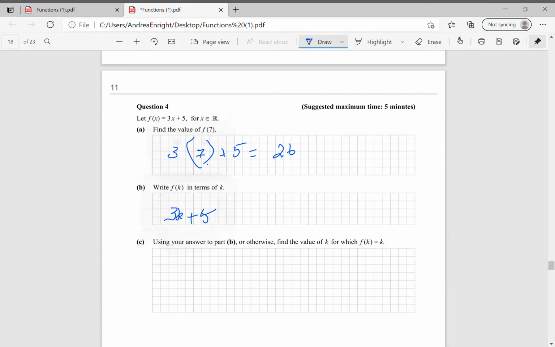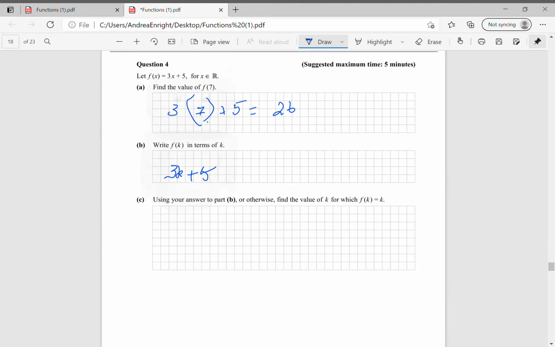Then using your answer to part B or otherwise, find the value of k for which f of k equals k. So f of k we just figured out is 3k plus 5, and you want to know where that equals k. So it's a case of k's on one side, numbers on the other.